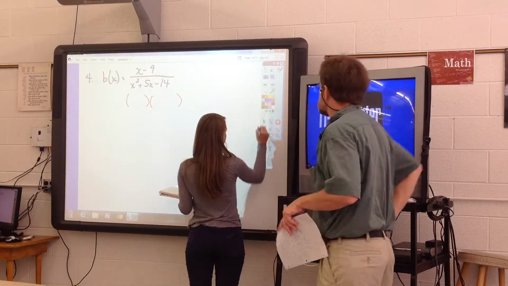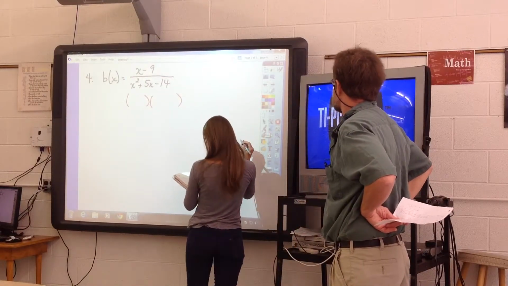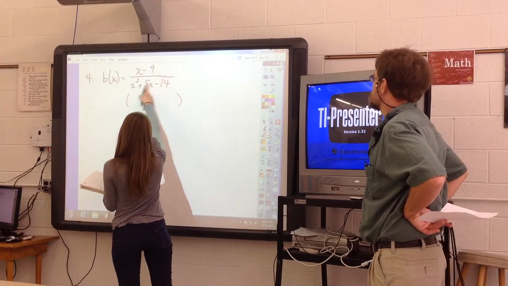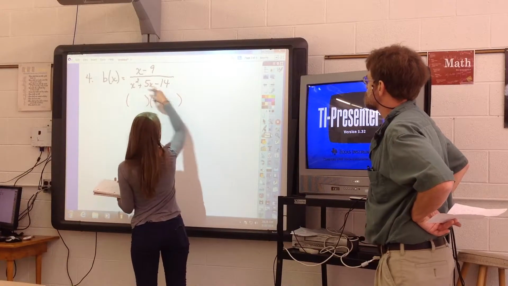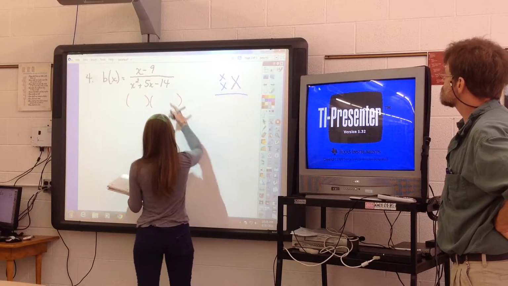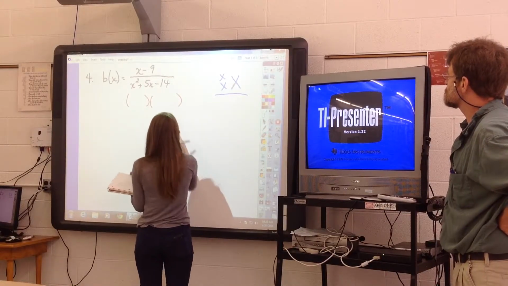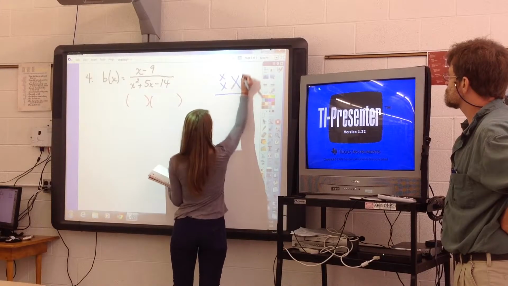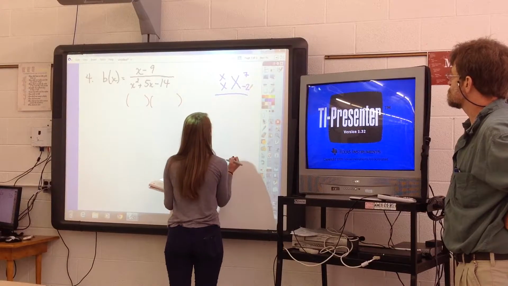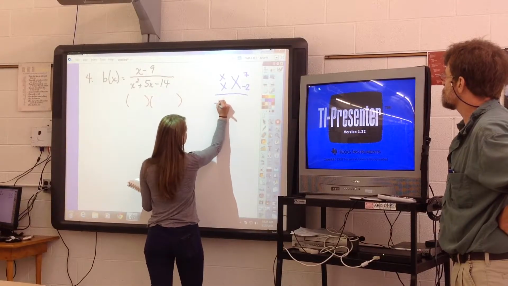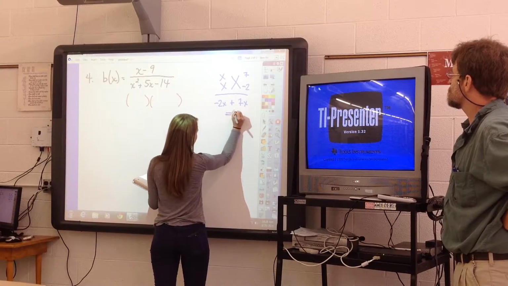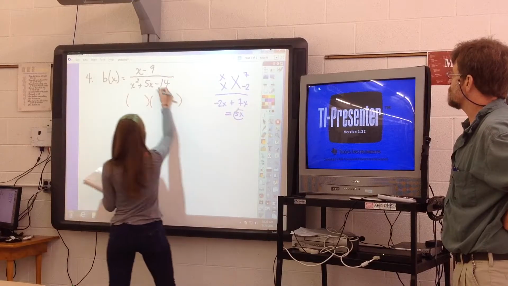But maybe somebody did it this way. First you have to look at the first and the last, and you're trying to get the thing in the middle, so you set up this kind of crisscross thing, and you have to think, okay, how can I get 5 out of the factors of 14? So let's use 7 and -2. So you have -2x plus 7x equals 5x, which is the middle.